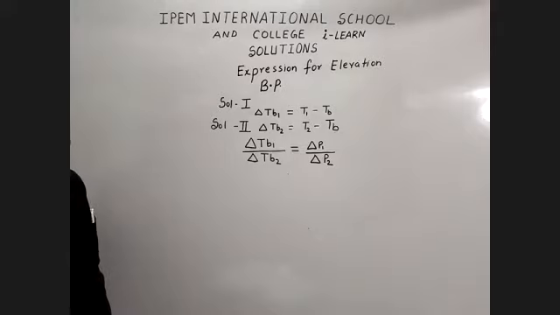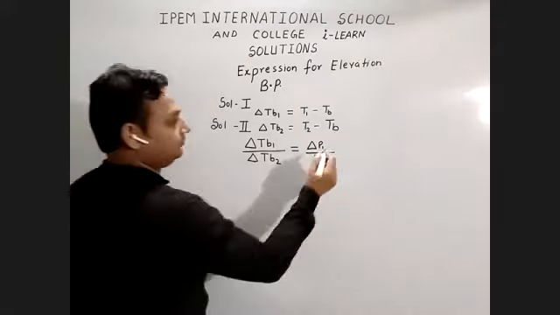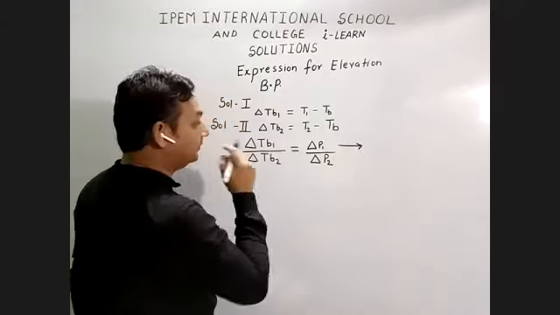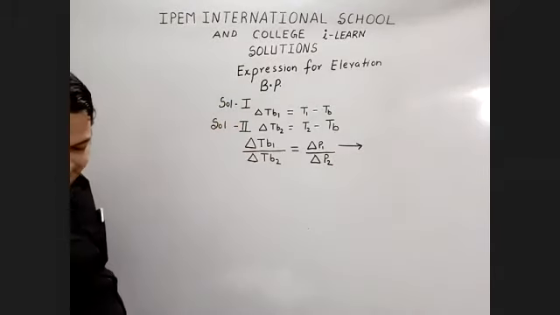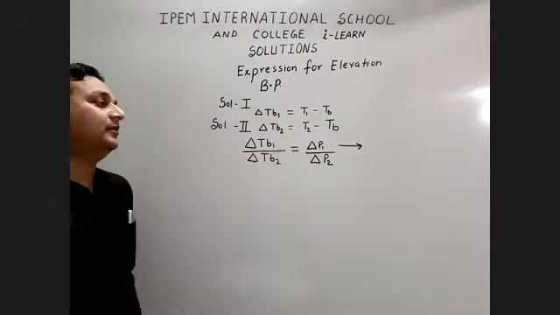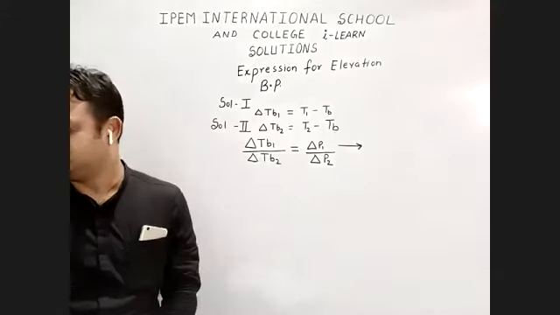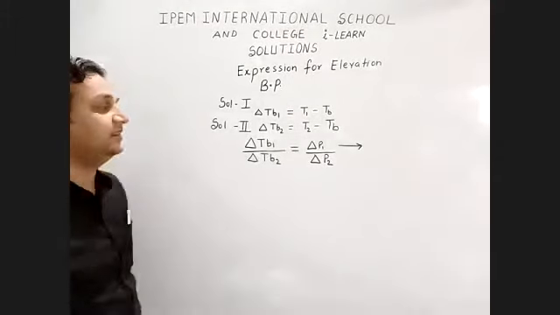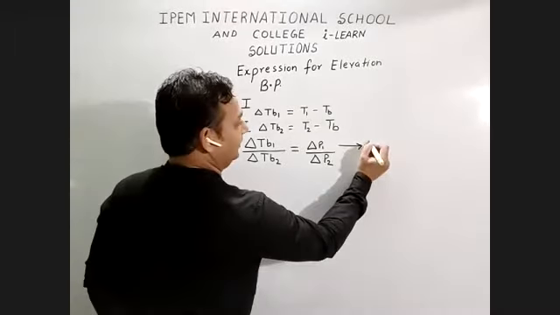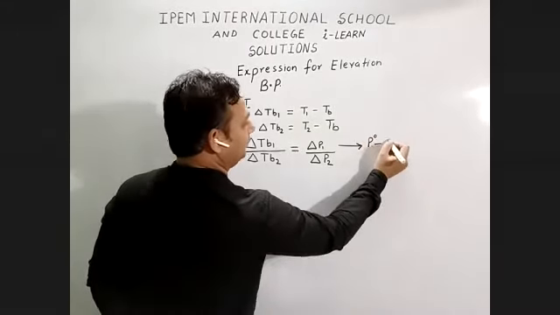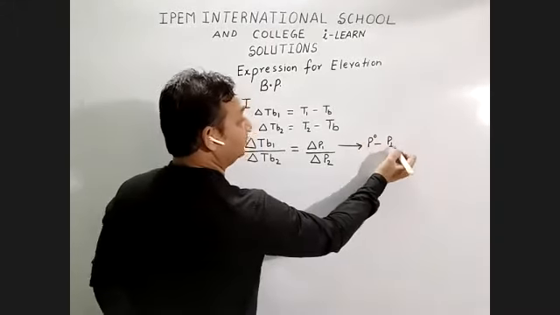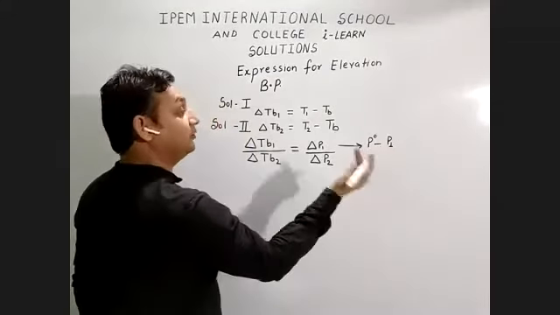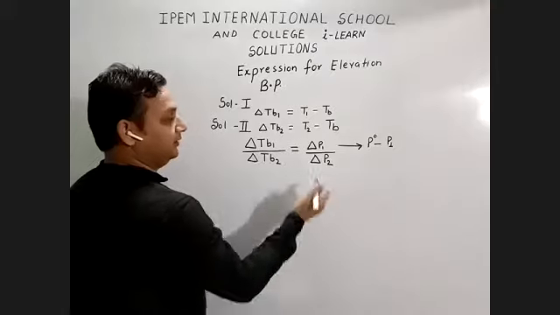Now here, if you want, you can write out delta P1. What will be delta P1? P naught minus P1. P naught is the vapor pressure for the pure solvent, and P1 is the vapor pressure for solution 1.